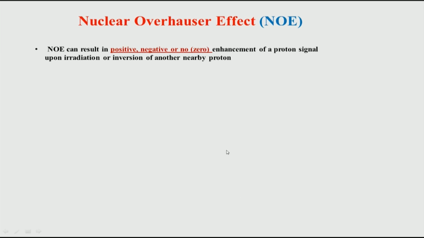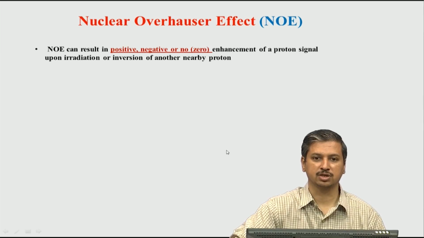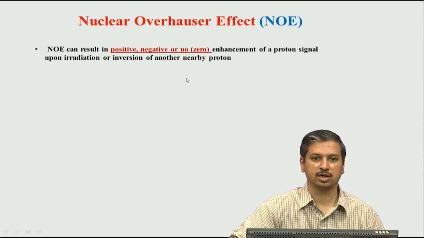Now, as I said, this perturbation, which affects the signal intensity when we irradiate one nearby hydrogen, can result in an increase of the neighboring hydrogen's signal, for which we use the word positive enhancement, or it can decrease the signal, or it will have no effect, no enhancement.